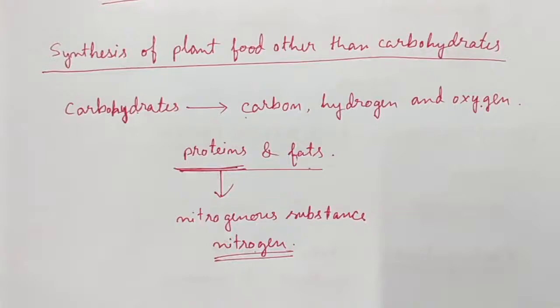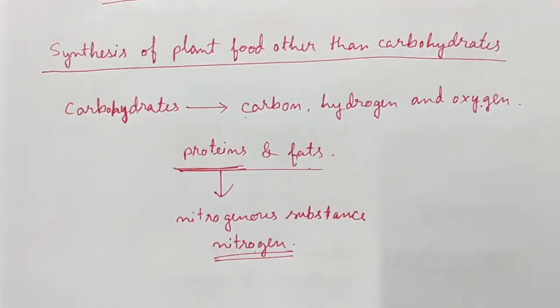But how is nitrogen obtained by the plants? We know that nitrogen is present in abundance in gases in the air, but this atmospheric nitrogen cannot be absorbed by the plants directly.